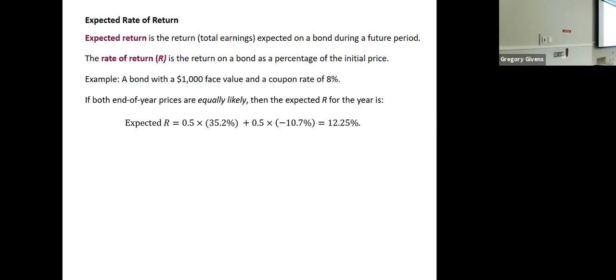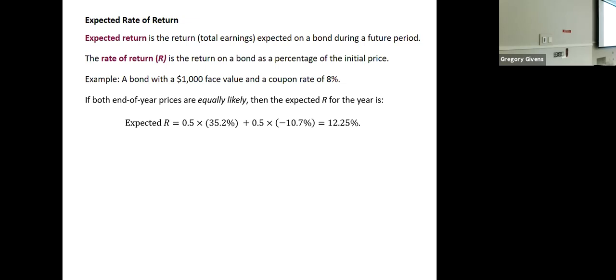Now, be careful about how you interpret this, okay? This does not mean, Jameson, that if you invest in this bond for 1 year, that you're ever going to earn 12.25%. You won't. You will either earn 35.2 or negative 10.7.